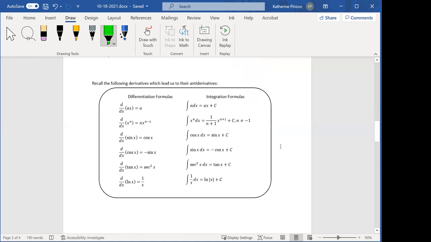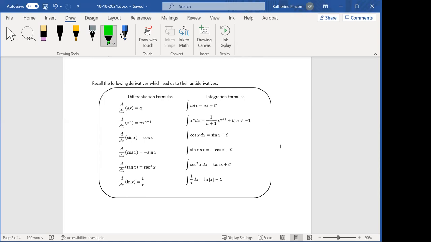Okay, so derivatives and antiderivatives are inverses, they're undoers. All of the rules that you know about derivatives, you can undo them to get the rules about antiderivatives or integrals. The derivative of a constant times x is just a constant, which means that the antiderivative of a constant is that constant times x.